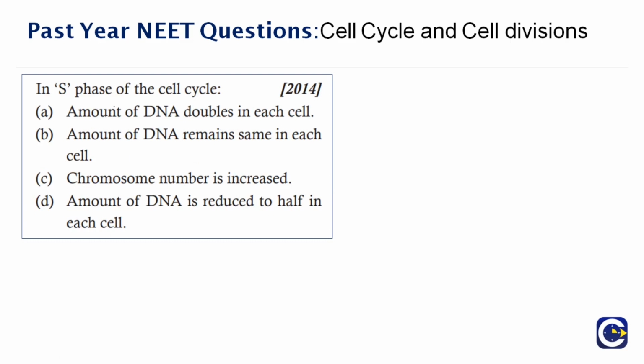Now next question. This question was asked in the year 2014. In S phase of the cell cycle dash. So already in the earlier slide we discussed what an S phase is, right?